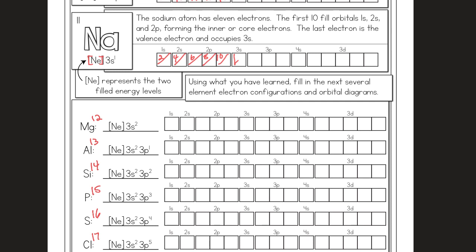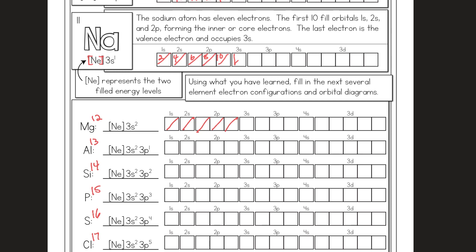So I know already that if I do neon, I'm going to be using up 10 electrons. 2, 4, 6, 8, 10. So I've used 10 electrons. I have 2 more to go.